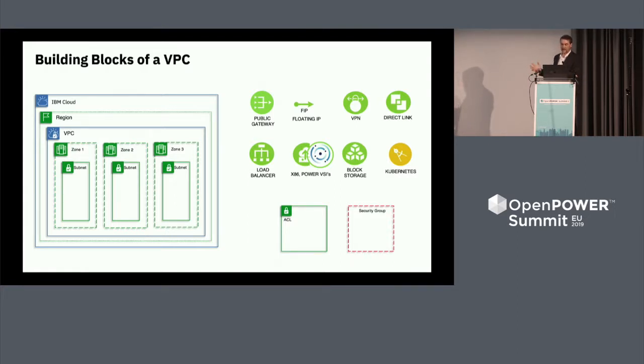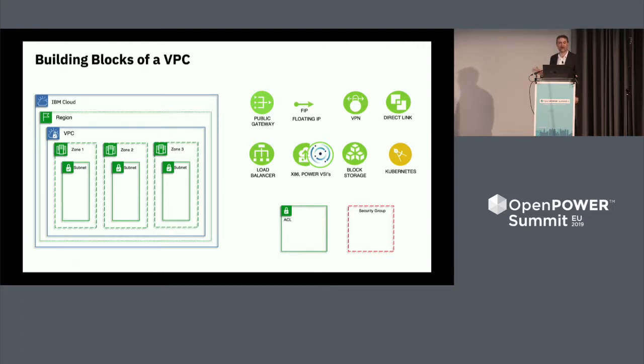And on the right-hand side, there are some concepts that I'll touch on here. Public gateway is a resource that you can create and define for your virtual private cloud that allows your VSIs, that's another term I'm going to be using, your virtual server instances, or VMs. So a VSI is a VM, and the gateway allows your virtual server instances to talk out to the public internet.